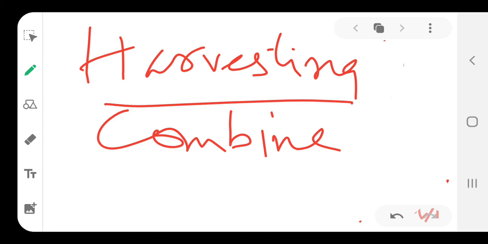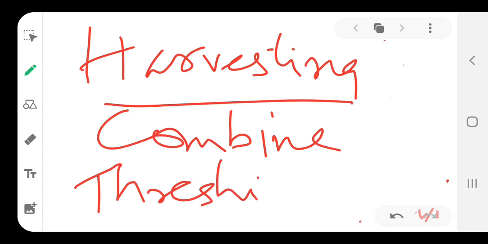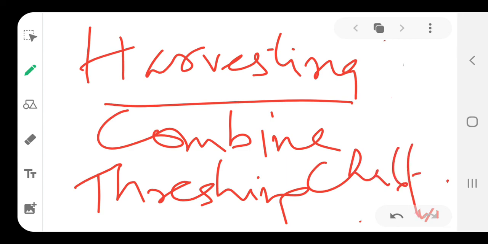There are two terms in the harvesting topic. One is threshing. Threshing means removing the chaff from the grains. Chaff is the outermost covering in which the grain is stored.